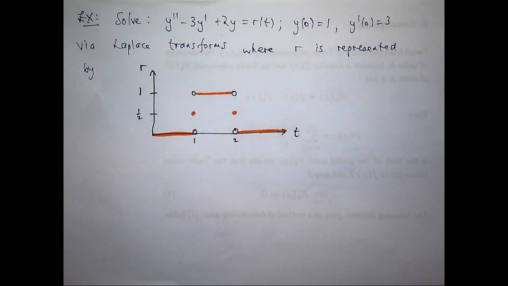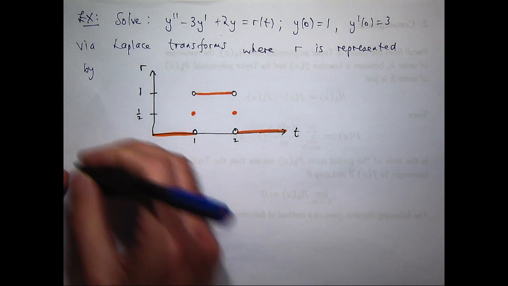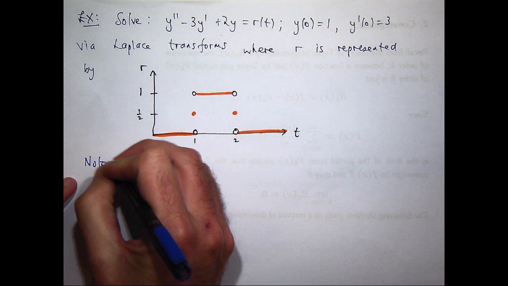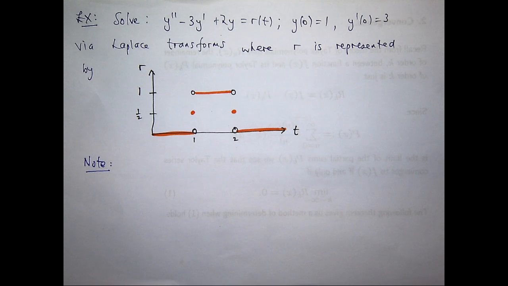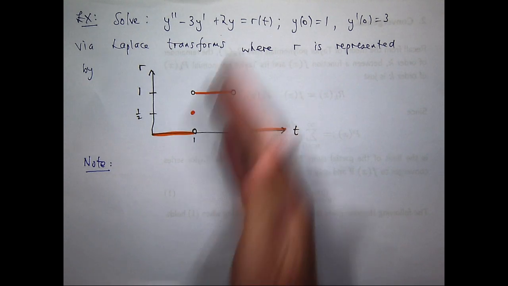Okay, so let's have a look at our problem. The first thing I'm going to do is write the R of t in terms of Heaviside step functions. What I like to do is break the graph up into bits.